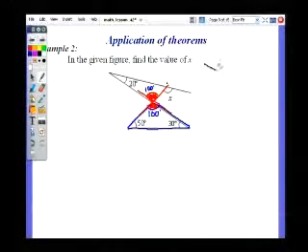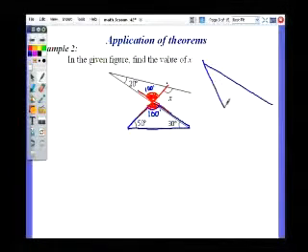Now consider this much. I'm considering this part. Okay, this is 20 degrees. This is 100 degrees. This is x which is unknown.